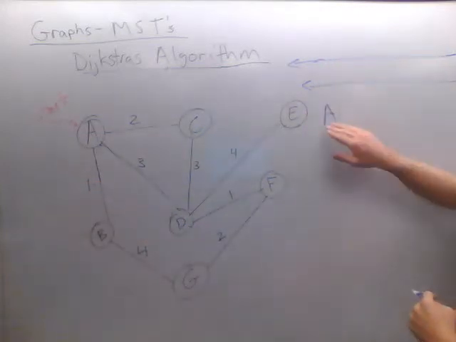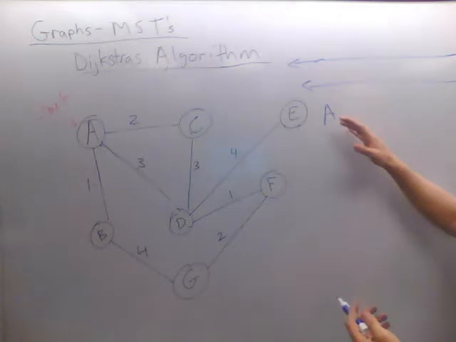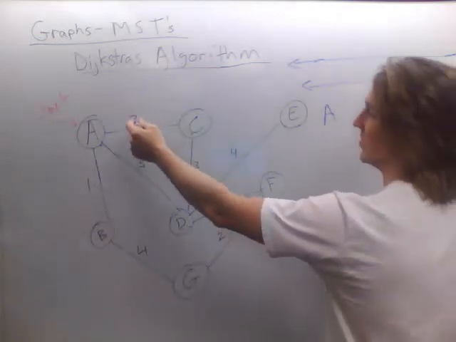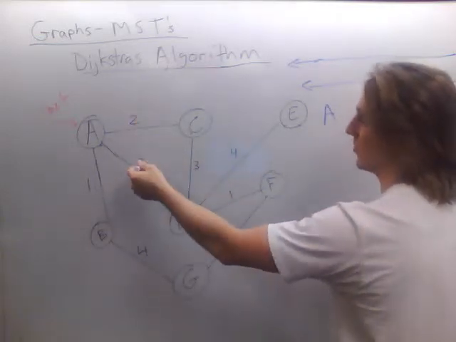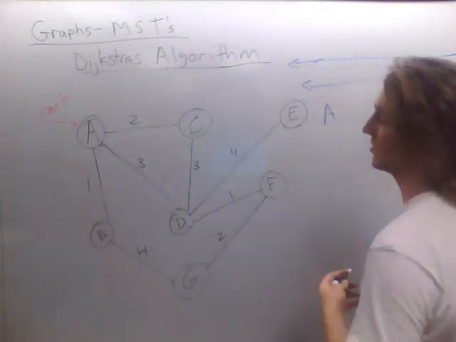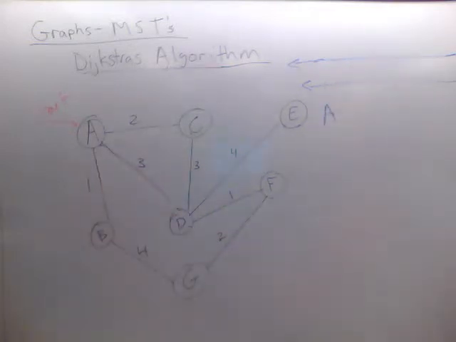So starting at A, to get to A has cost 0. So I'm going to say 2 plus 0 is 2, 3 plus 0 is 3, 1 plus 0 is 1. That'll make sense as we continue on. So once I've updated all of the edge weights, now I have to add each of its neighbors inside the priority queue.